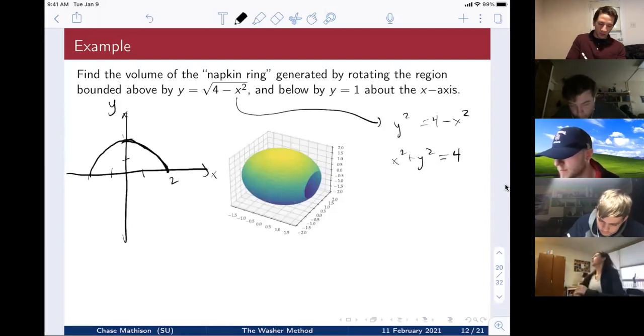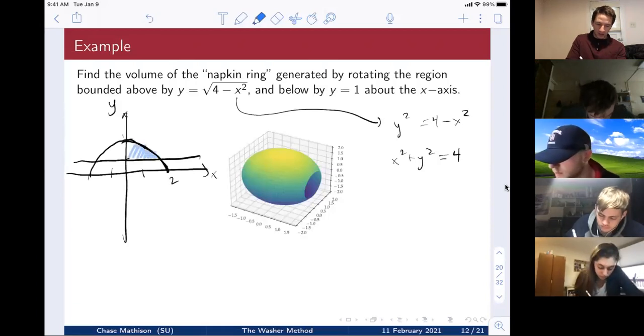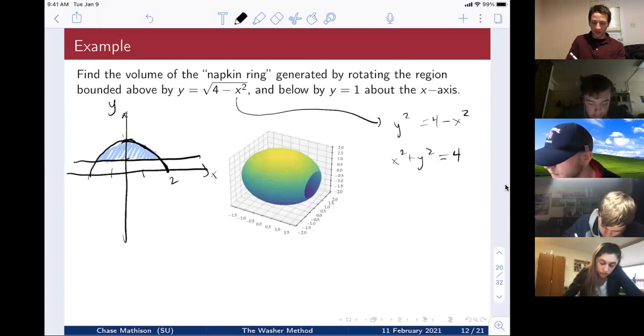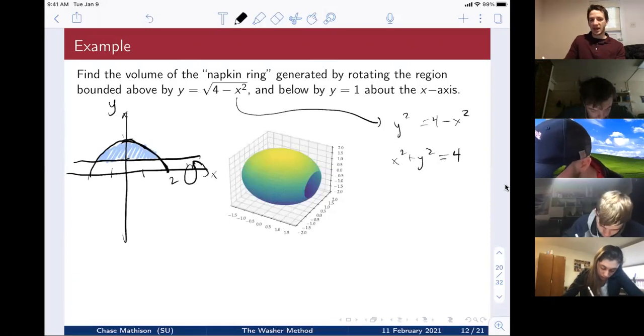Okay, y equals 1 is this curve right here. So I'm taking this region bounded by those curves, and I'm rotating it about the x-axis.